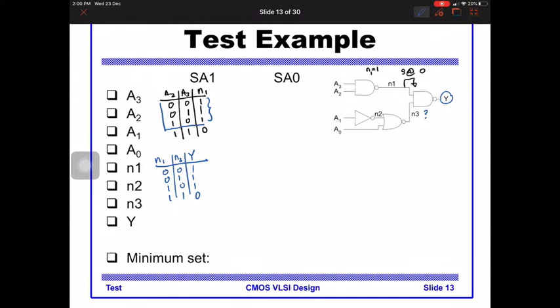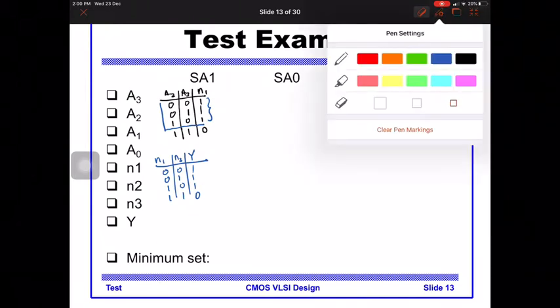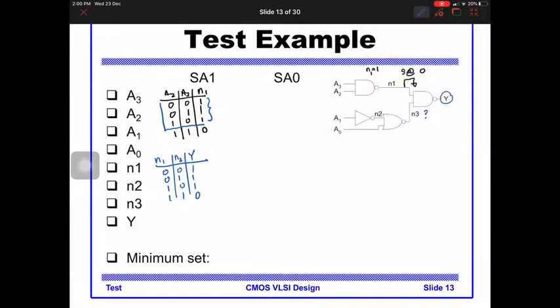Because this is a line that is within the gates, you cannot observe it directly. You cannot put a probe here directly. So we want to observe the output of N1 at actually the Y. So you want to see at Y what happens to N1.